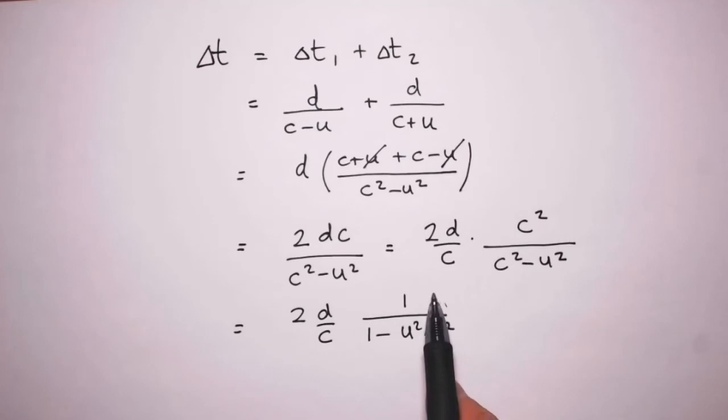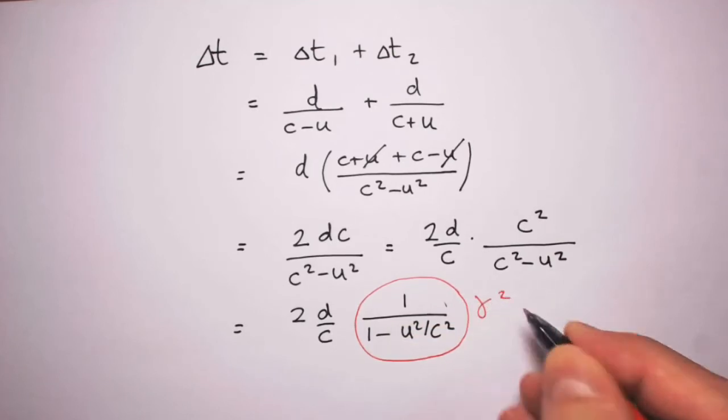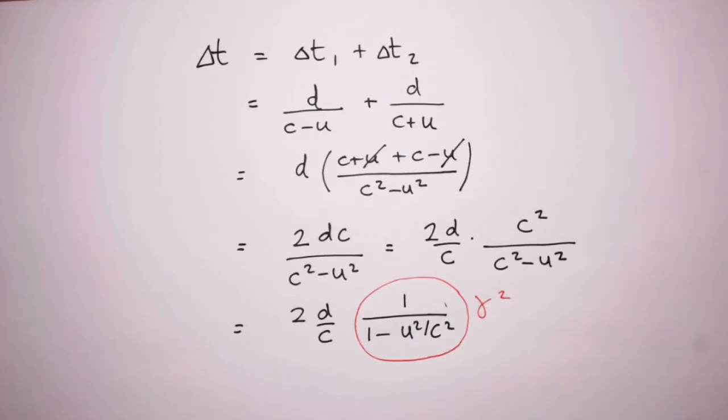And you'll recognize this factor as being gamma squared, the Lorentz factor squared. And therefore, we have that delta t is equal to 2d upon c times gamma squared.